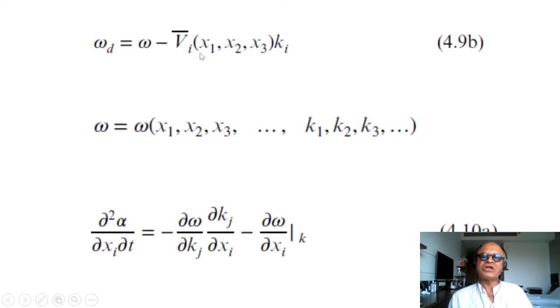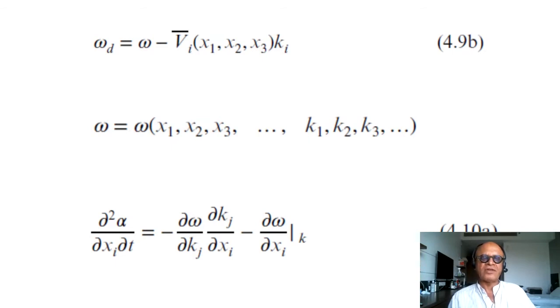This formulation is called Einstein summation. So they are summed over the i direction, but the notation is not written explicitly; this is just a sum. Omega then is a function of x1, x2, x3 as spatial dimensions, and wave numbers k1, k2, k3, and so on.